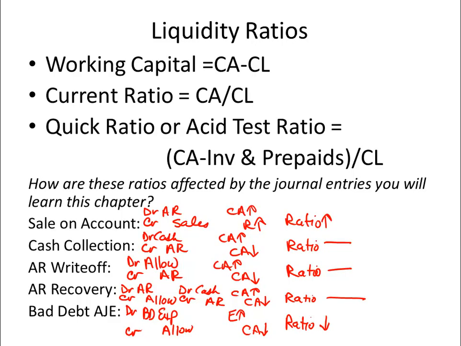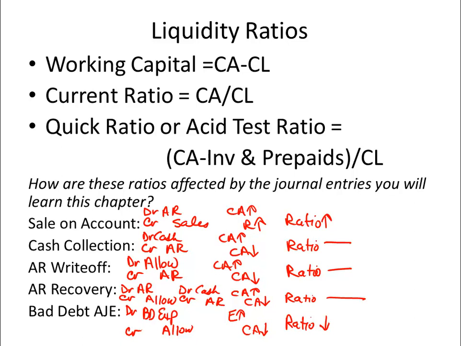All right, we're almost done. The entries we've talked about is sales on account. Accounts receivable goes up, current assets go up, credit sales, revenue goes up. So if I was looking at my liquidity ratios and my current assets go up, that means the ratio would go up.